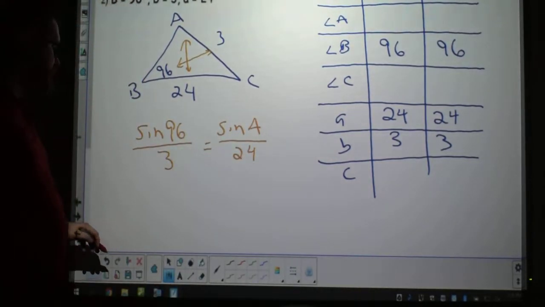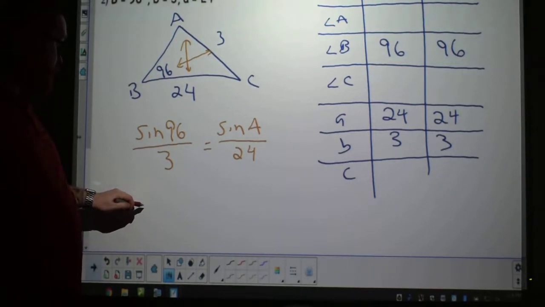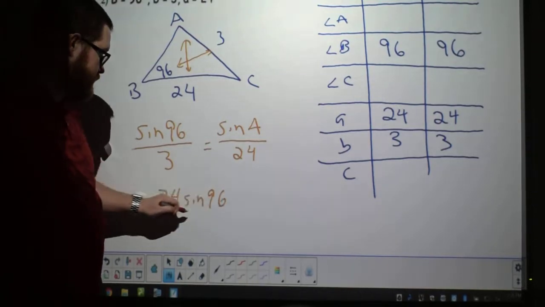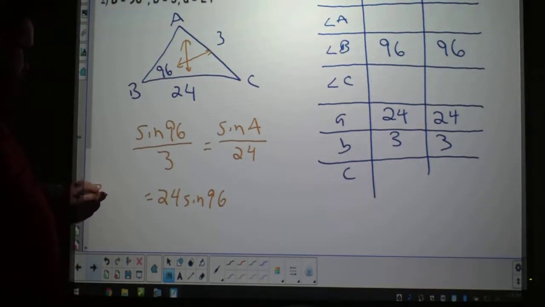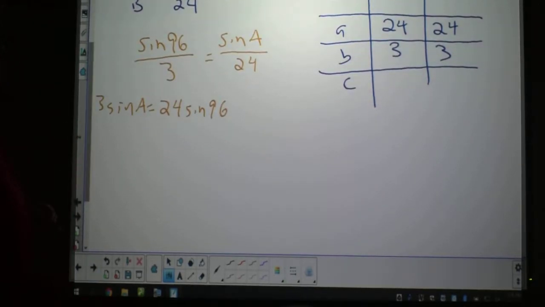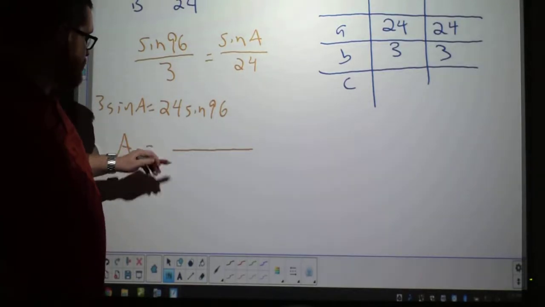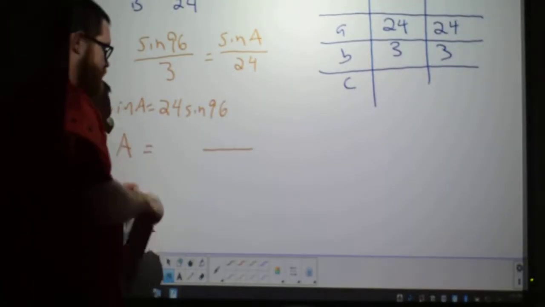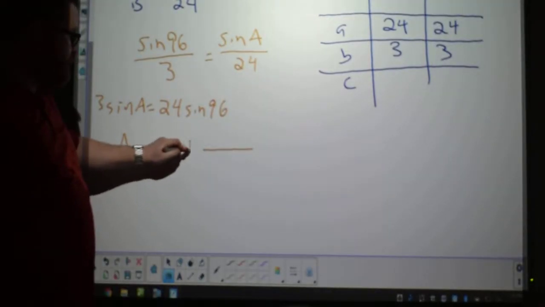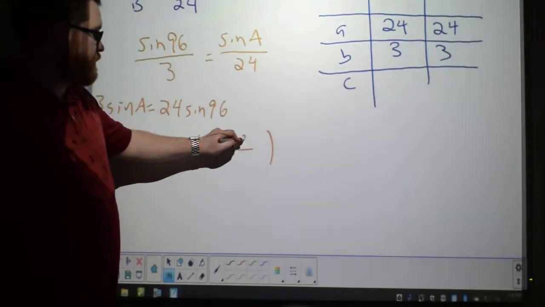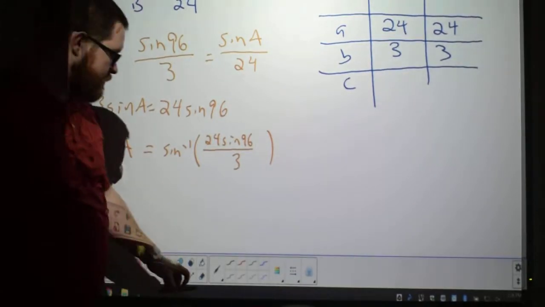Let's cross multiply and solve for A. If I do that, I'll get 24 sine 96 equals 3 sine A. I'm going to divide the 3 over and do sine inverse. So I get A equals sine inverse of 24 sine 96 over 3.